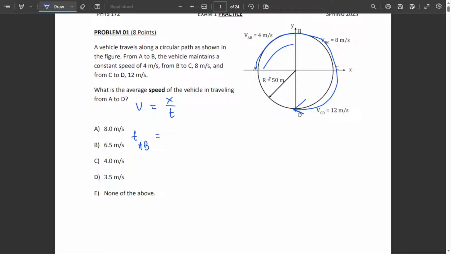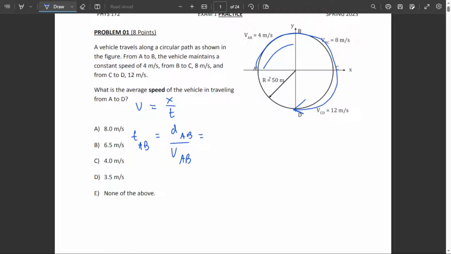The time would be the distance that the car travels from A to B over the speed of the car. And so here we have meters over meters per second, and if you do the dimensions, the meters cancel out, we just get seconds, so it's all dimensionally homogeneous.